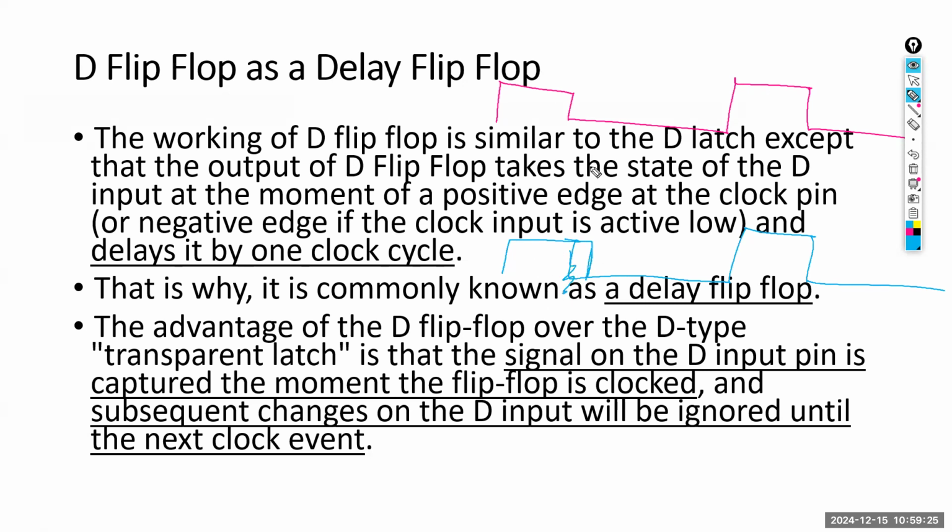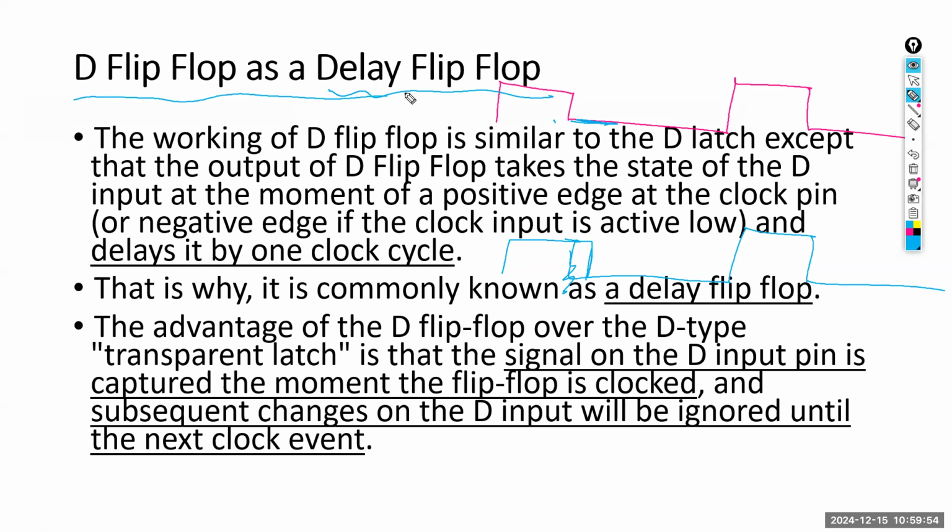Why? If it is edge triggering, you need to wait until the edge. During the edge only, it will be detected that it has come down. Even in level triggering, there's a delay. Level triggering also has a delay, edge triggering also has a delay. So there's a small delay in your D flip-flops or whatever flip-flop.